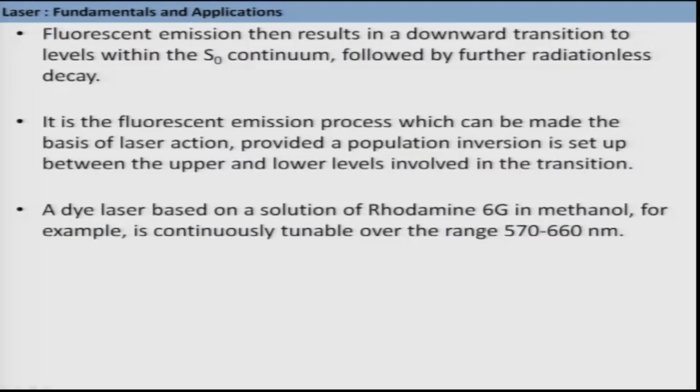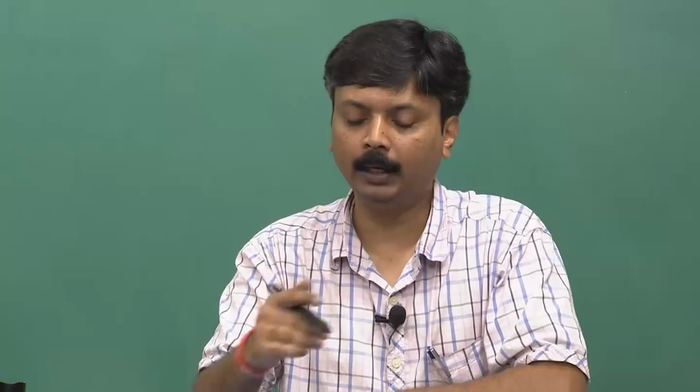Okay, so here we write explicitly that the fluorescence emission, which results from this downward transition from S1 to S0, is essentially a transition to a continuum, because we have several vibrational levels at S1 and S0.